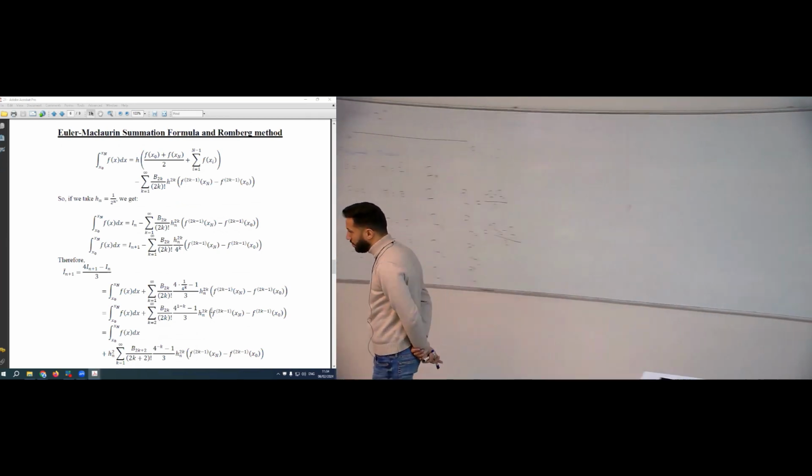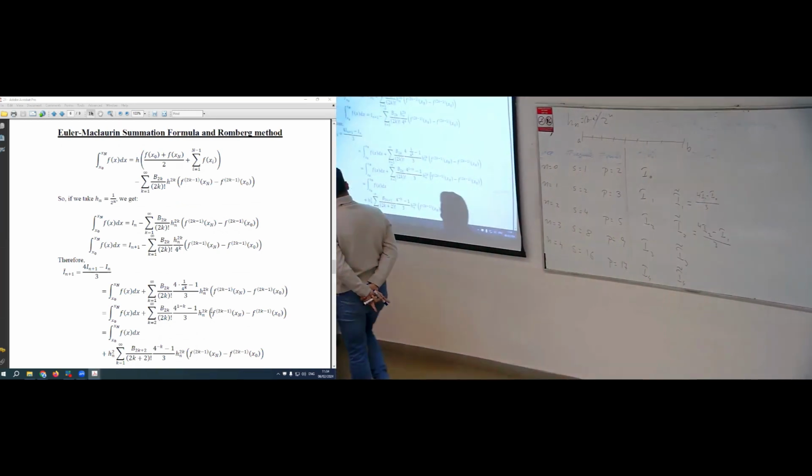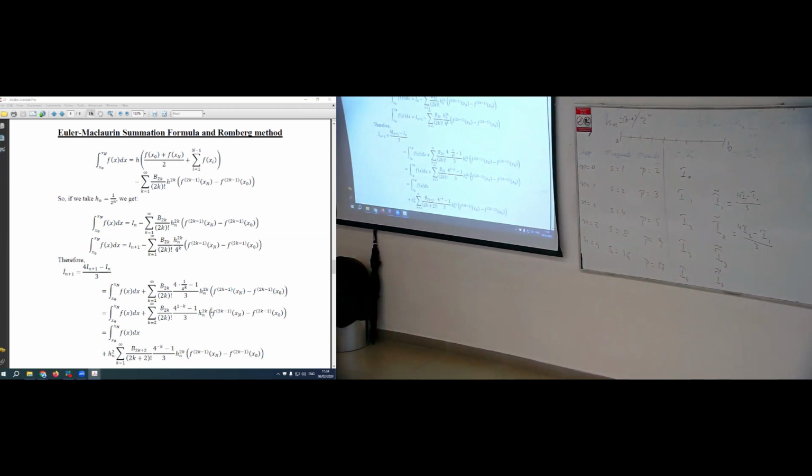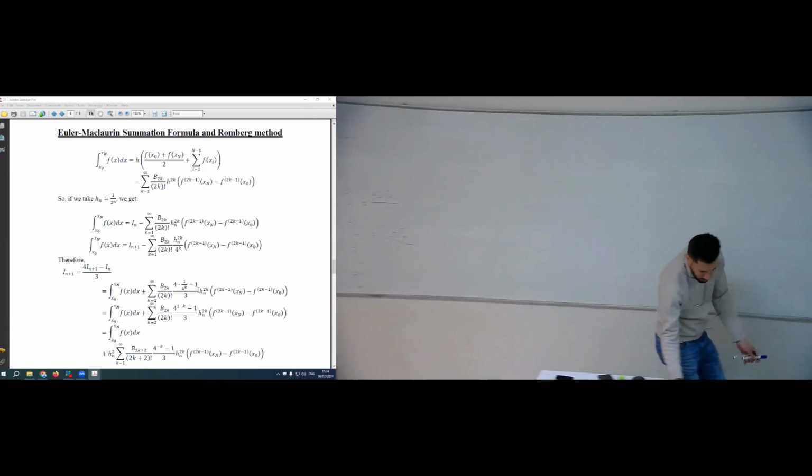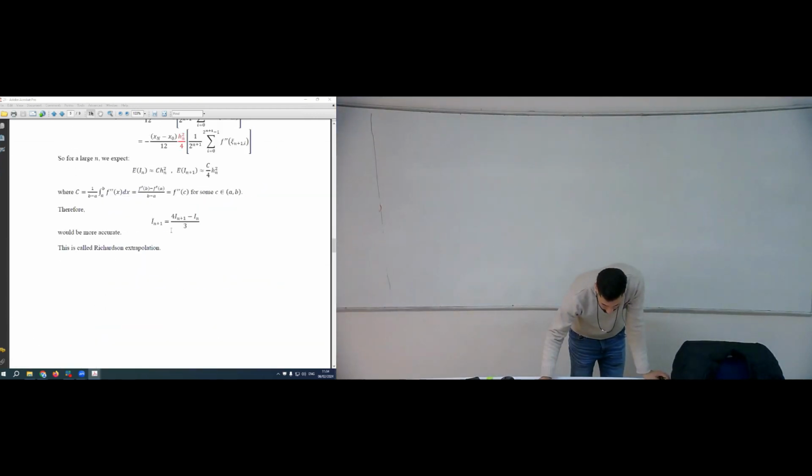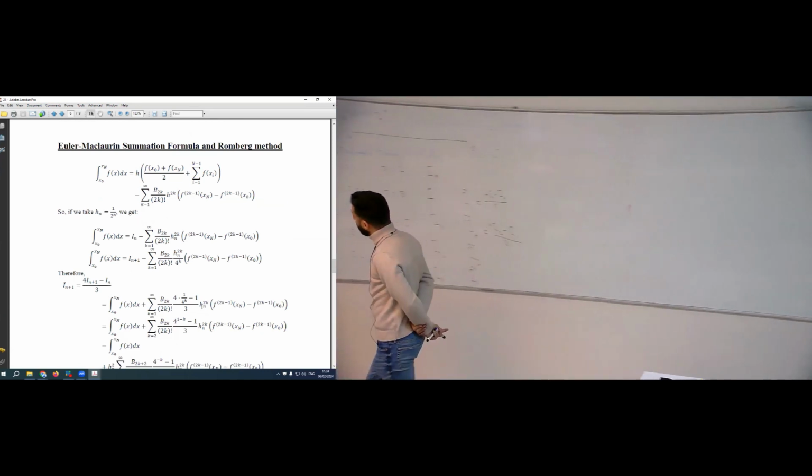This formula is the Euler-Maclaurin summation formula, and it will take us to the Romberg method. I have to tell you that this thing that we did is called Richardson extrapolation, and we will use it now, but we'll see the proof of it.